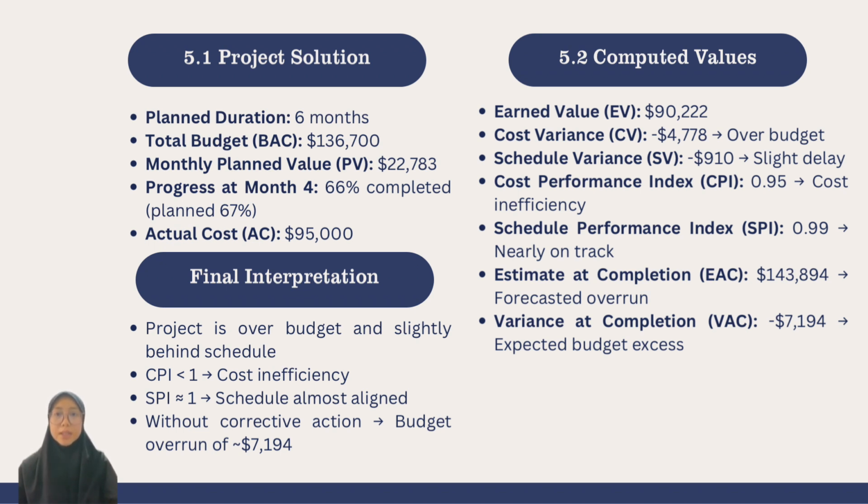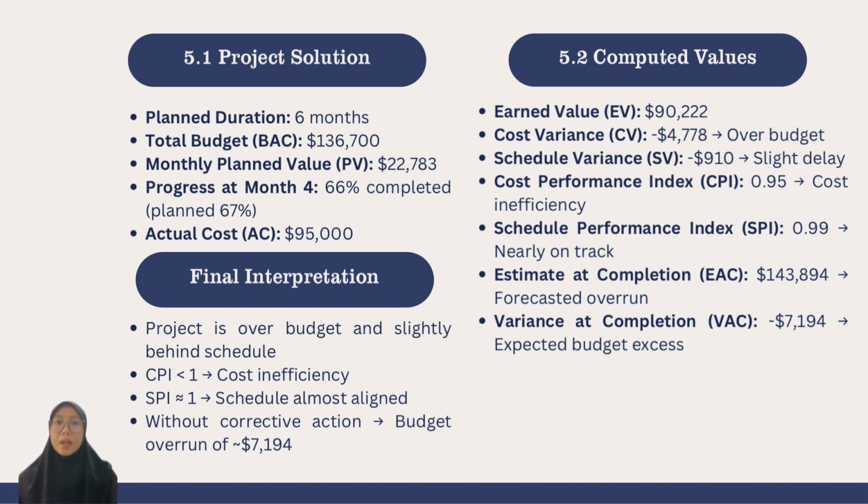By month 4, the team had completed 66% of the work, slightly below the plan, which is 67%. The actual cost spent at this stage was $95,000, covering the development, design, testing, hosting, and license.